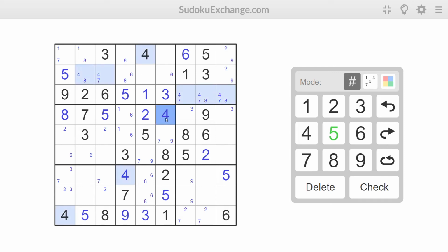Four. This 4 sees these two spots, so 4s will come only here. Now since these two 4s are taking care of this column, we cannot have a 4 here. Let's eliminate this 4 here.